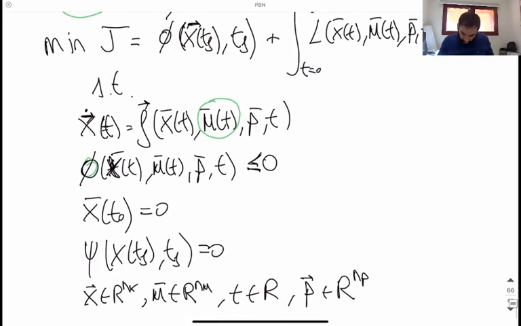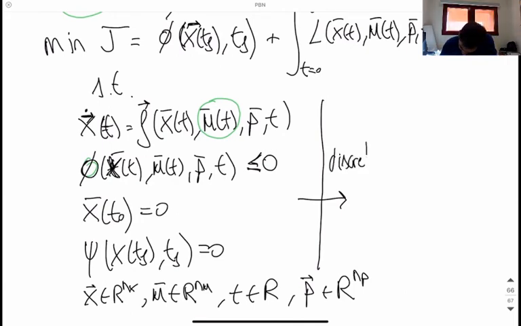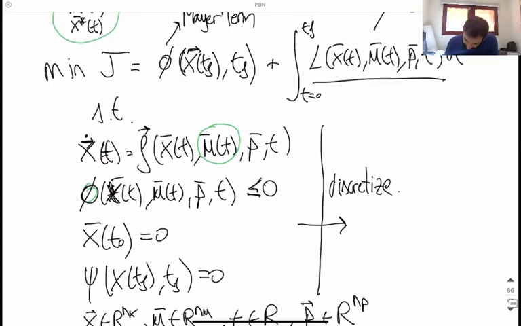The thing is that, and we're not going to go into this, you will have time to see it in air transport next year. The idea is that we can discretize this problem, discretize this integral using numerical approaches, discretize this differential equation.